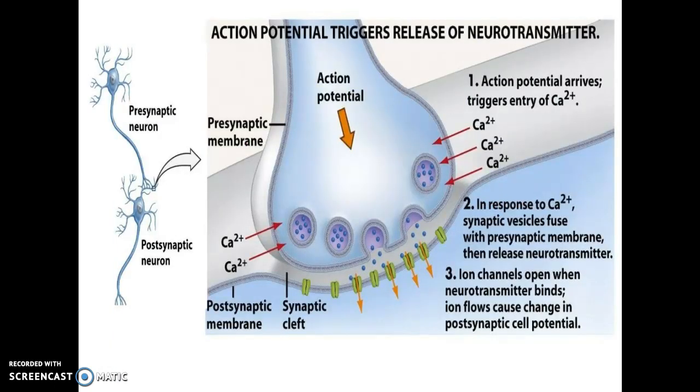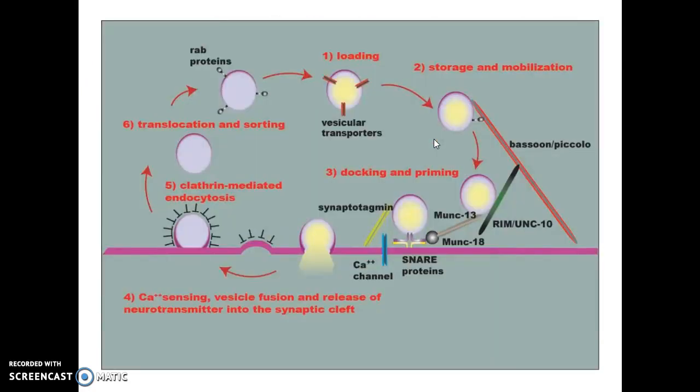Because what happens is, as the wave of depolarization, the action potential, invades the axon terminus, it causes voltage-gated calcium channels to open. And this calcium acts as a signal to the vesicle. So these vesicles get loaded with neurotransmitter, the chemicals, and then they dock and get primed using V snares and T snares, and we'll talk more about that in the intracellular trafficking chapters 15 and 17.